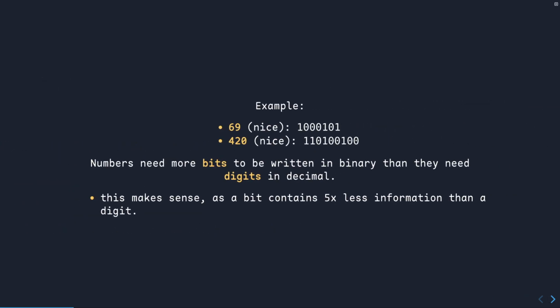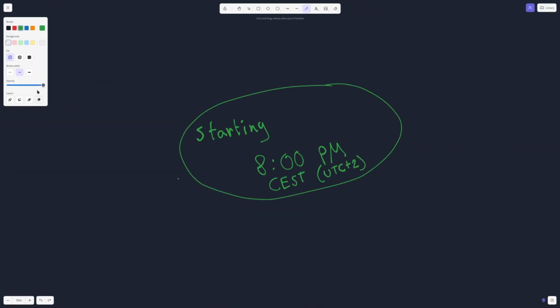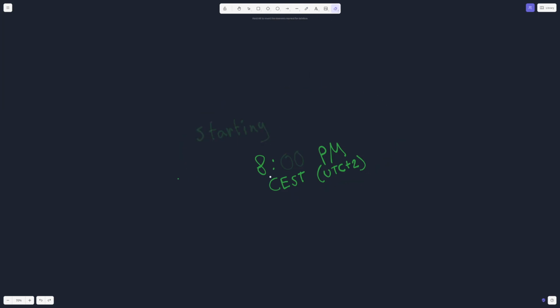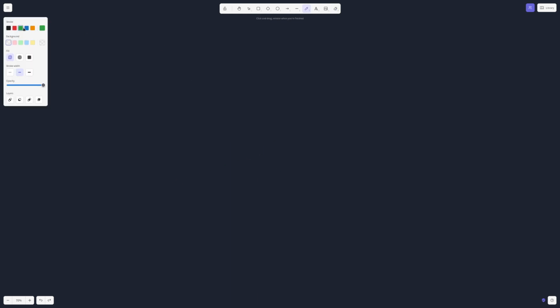So let's go through an example of the conversion to binary. I have two beautiful, very arbitrarily chosen numbers. So let's get rid of this, and then let's write down our numbers. We've got 69. Let's convert 69 to binary.